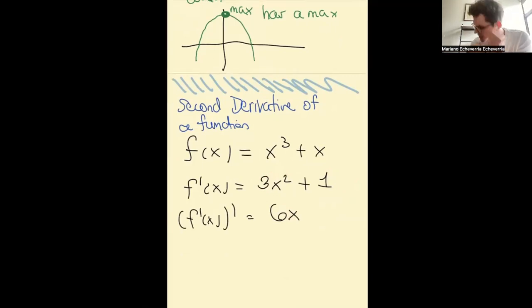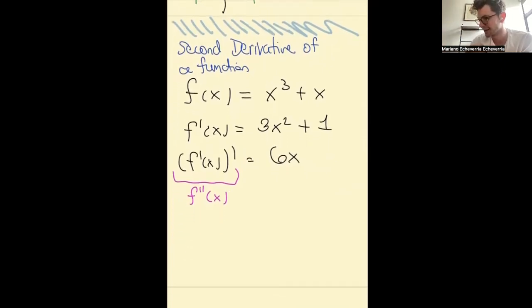So that looks a little bit odd, weird to write it this way, with f prime prime outside. The way this is typically written is f double prime. What I'm trying to say is that the second derivative is just the first derivative of the first derivative, which sounds a little weird, but that's the idea.